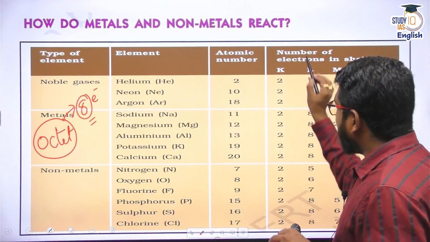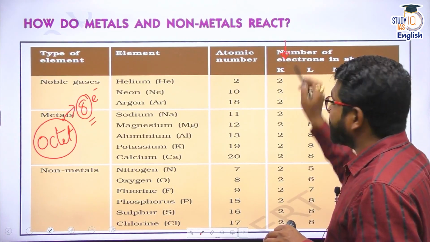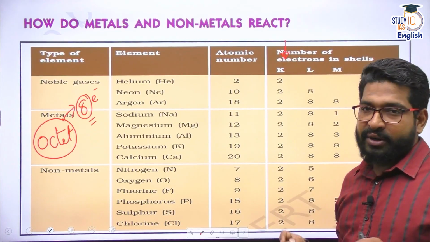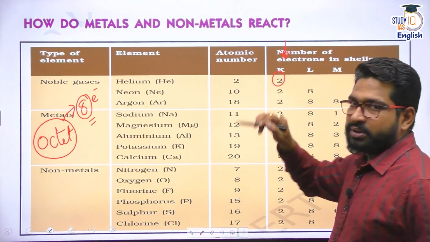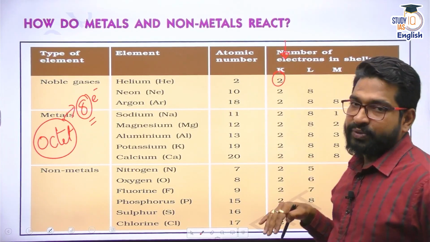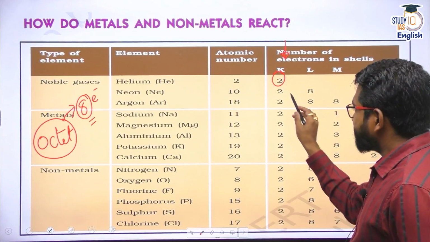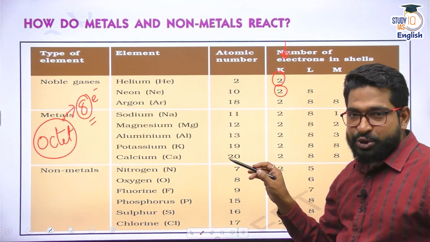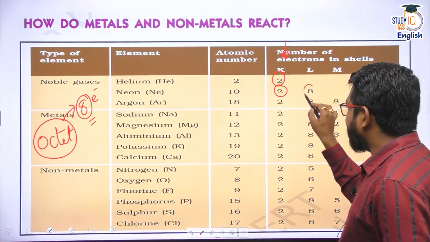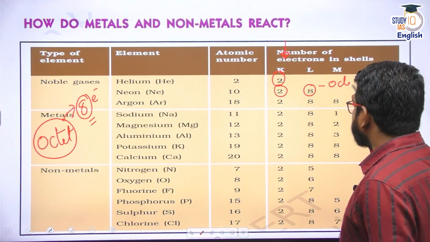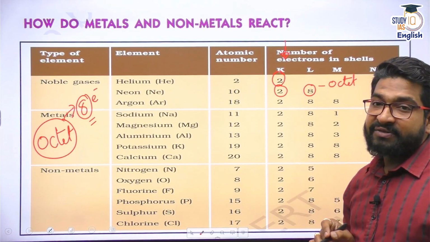Why? Because their outermost shell fulfills the criteria of octet. For instance, helium has only 2 electrons. Neon has 2 electrons in the innermost shell and 8 electrons in the outermost shell. That means the octet is complete. That's why its reactivity is very, very low.